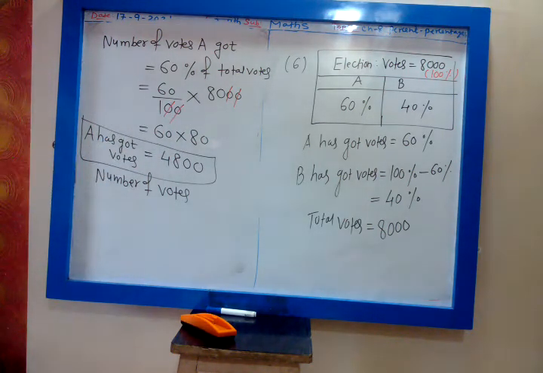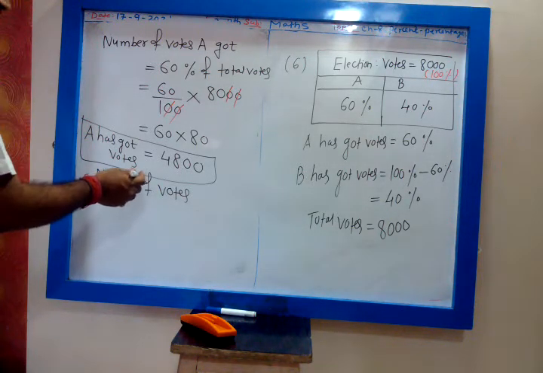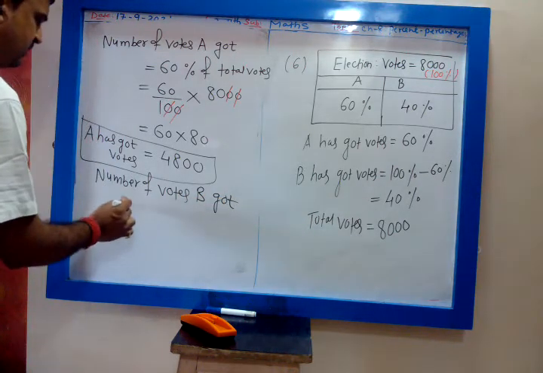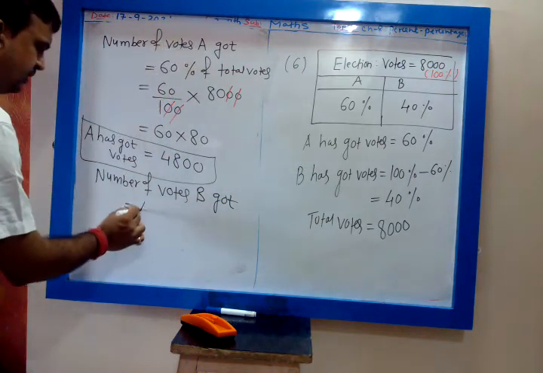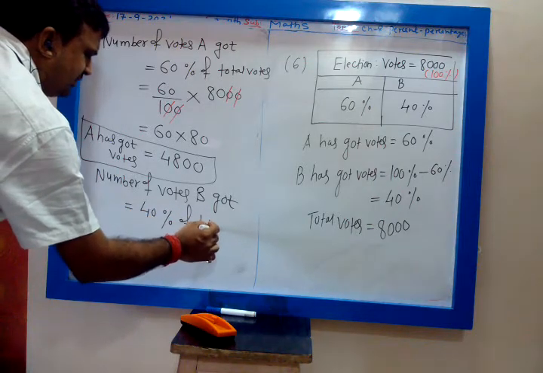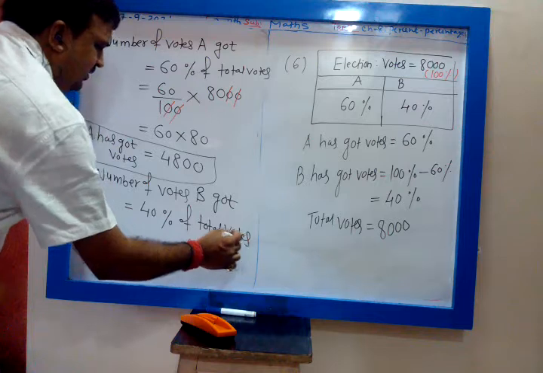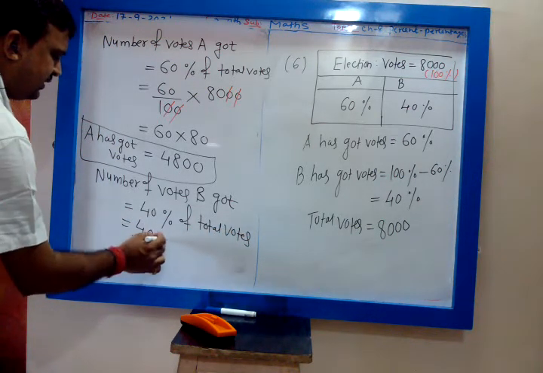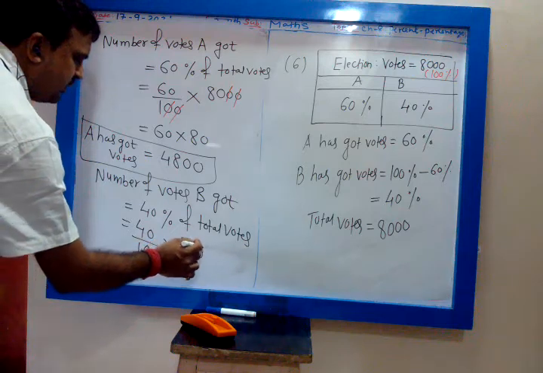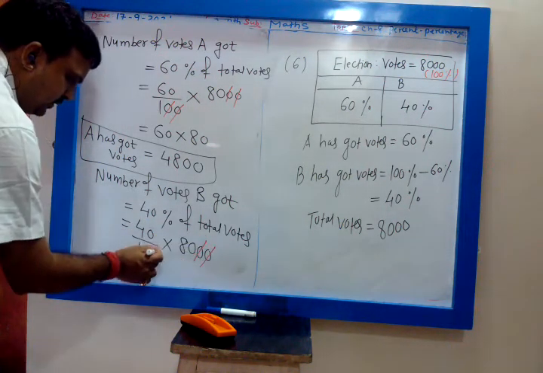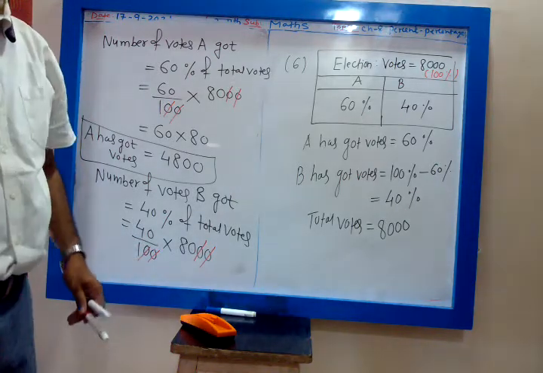Now number of votes B has got. B has got 40%. 40% of total votes. So 40% means 40 upon 100. Of means multiplication, 8,000 votes. So cancel two zeros. 3,200.